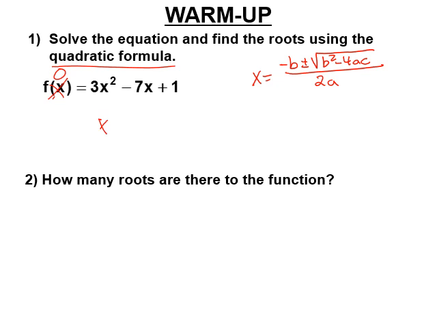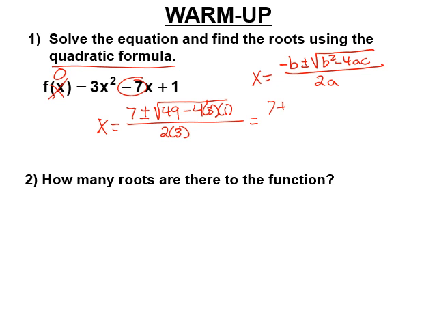And we're going to write x equals negative b, which is negative 7, so positive 7, plus or minus the square root of negative 7 squared, 49, minus 4 times a, which is 3, times c, which is 1, all over 2 times a again, 3, equals 7 plus or minus the square root of 49 minus 12 over 6, which equals 7 plus or minus the square root of 37 over 6.